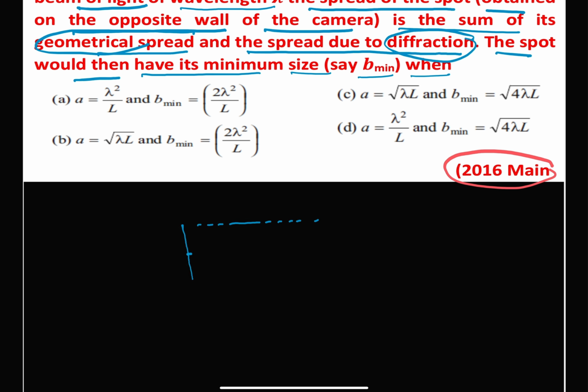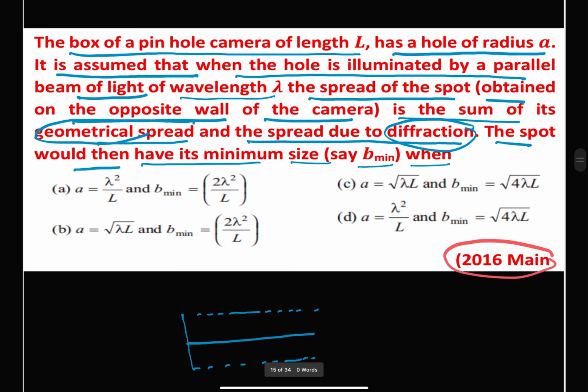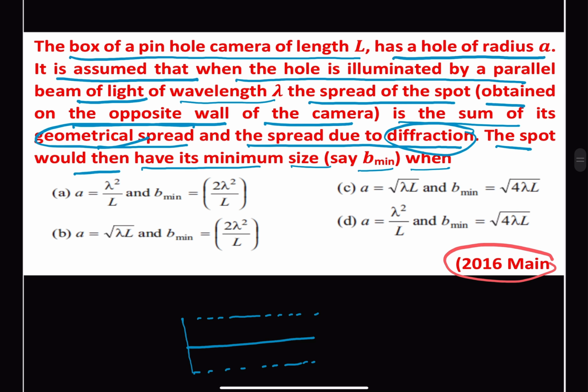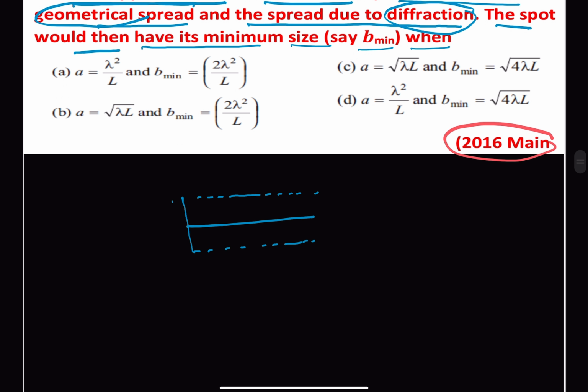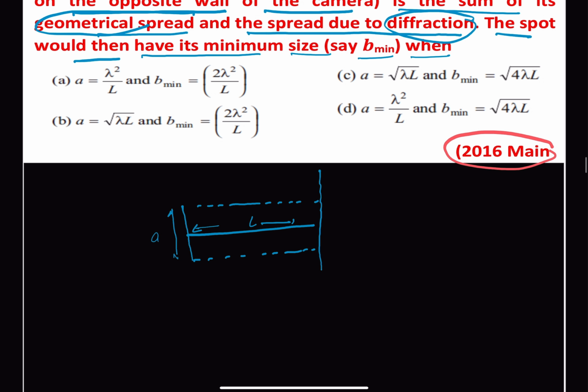length is given as L, and radius is given as A. So this is our A radius, and L is the length, and it is illuminating the opposite wall, which is a combination of the geometrical spread and spread due to diffraction. So it will be a combination of both.